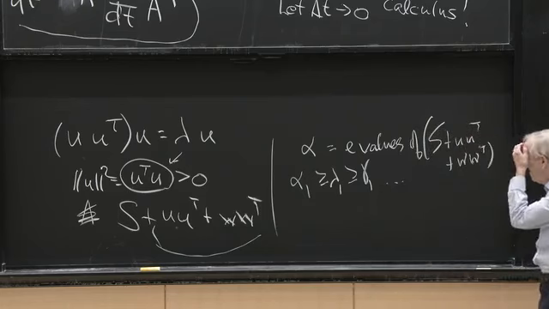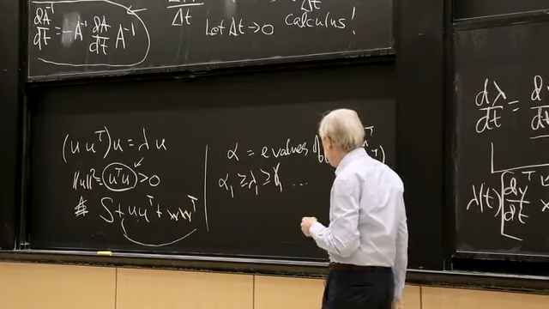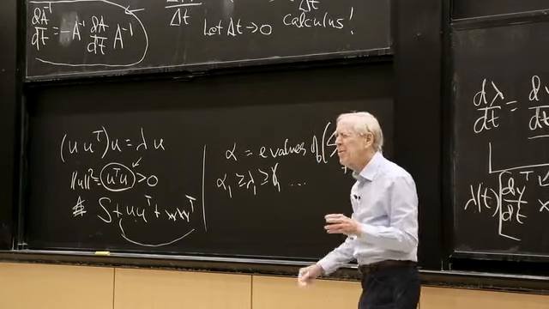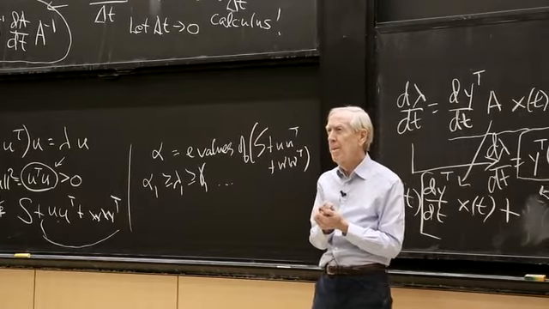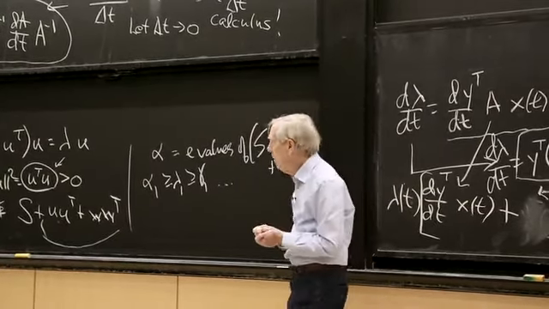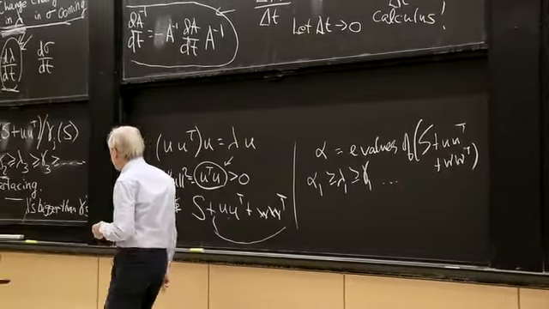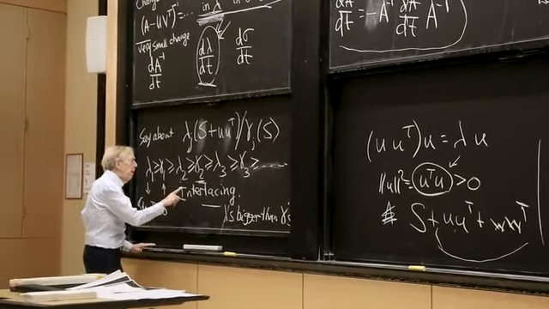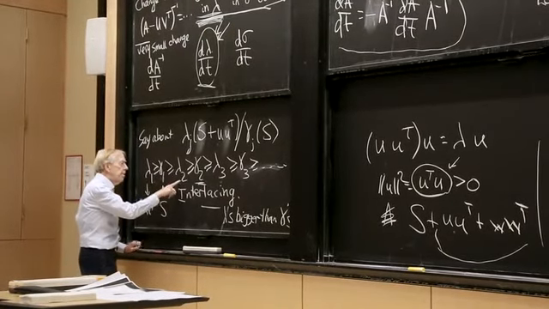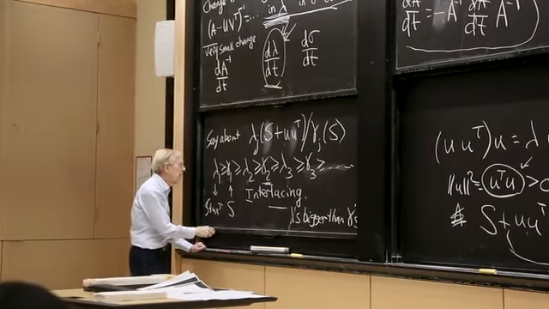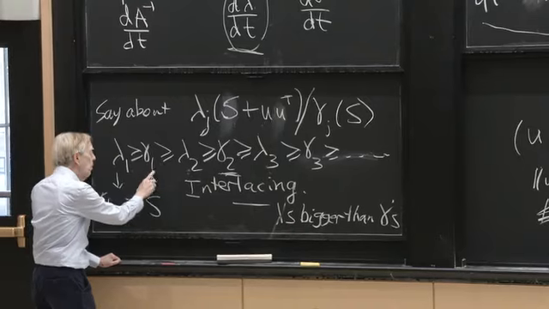Now, let's see, is gamma 1 bigger than alpha? What am I struggling to write down here? What can I say that reflects the fact that this lambda 2... so gamma 1 went up.